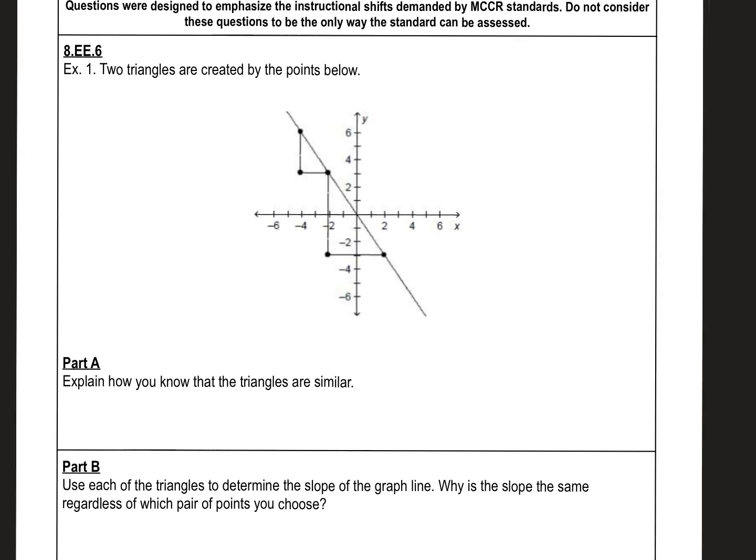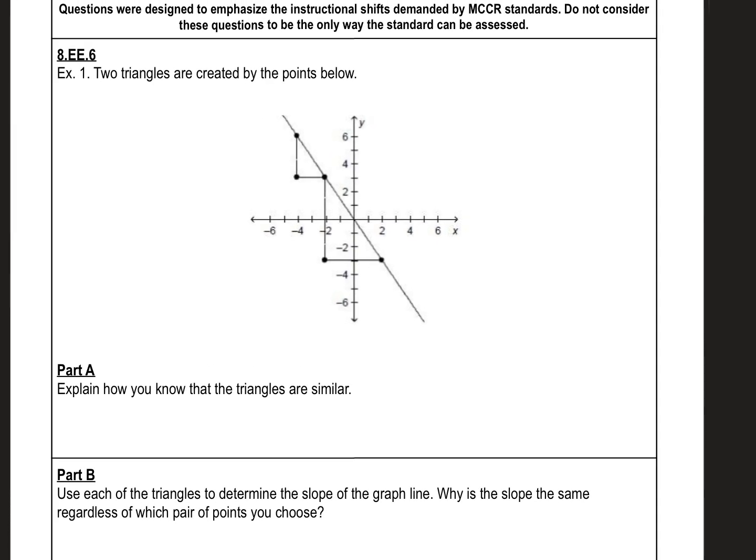Two triangles are created by the points shown below. Explain how you know that the triangles are similar. So remember, we've talked about similar triangles being used to find the slope. We know that for each one of these, this is a 90-degree angle, and this is a 90-degree angle here.